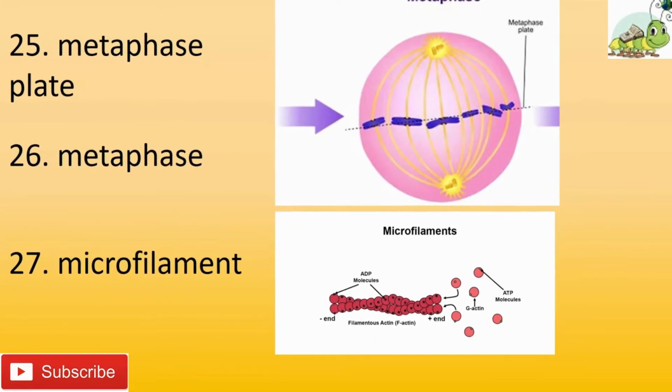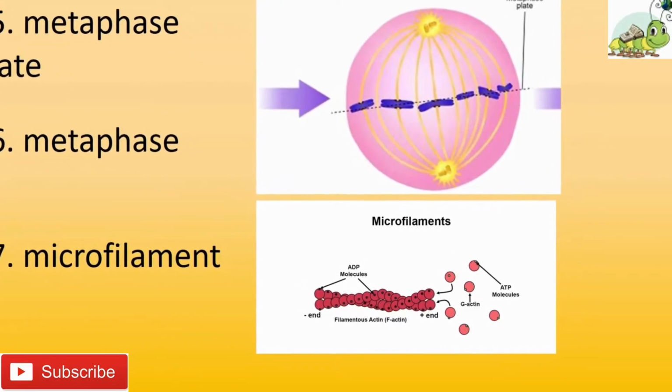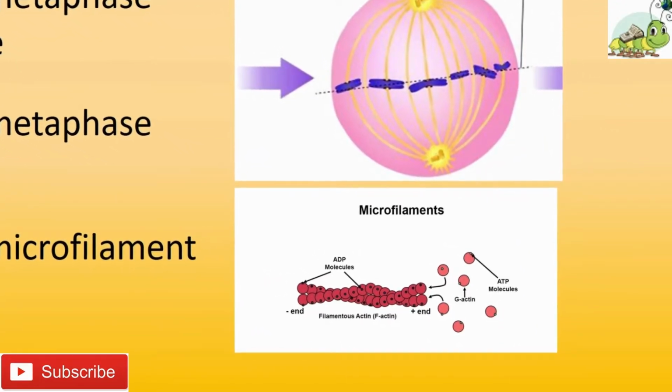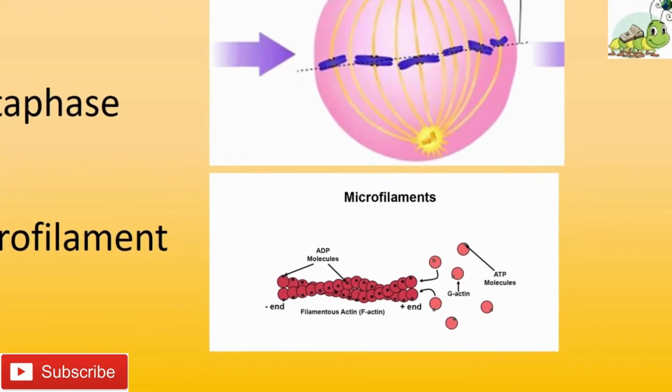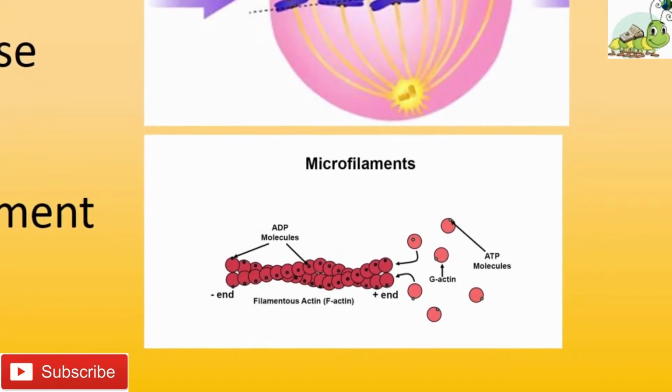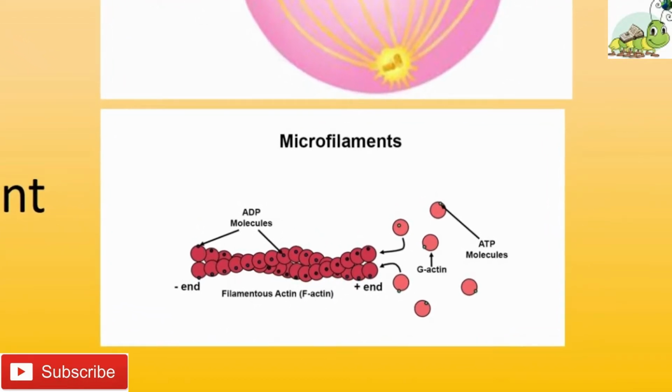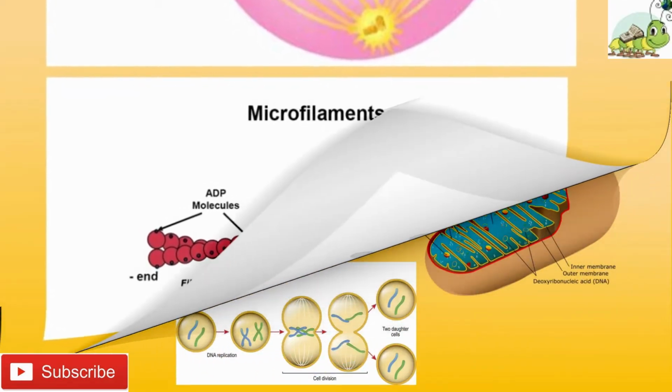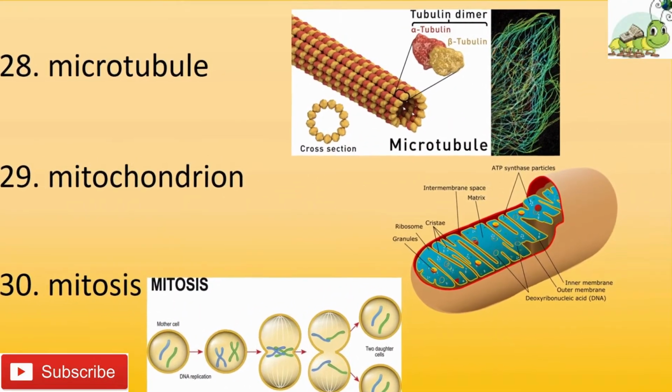Point number 27. Microfilament. The thinnest of the cytoskeletal filaments, composed of actin subunits that function in muscle contraction and cellular structural support. Point number 28. Microtubule.